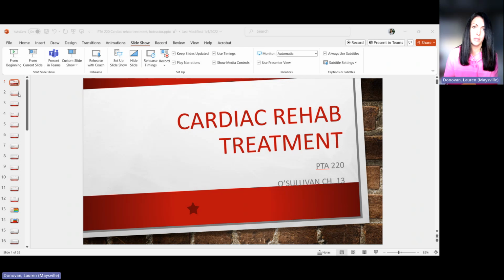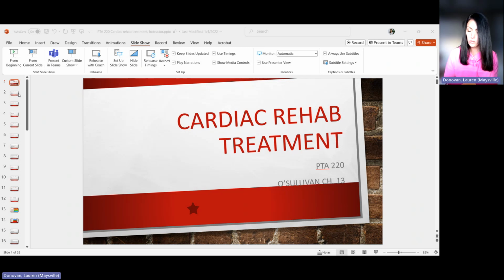So cardiac rehabilitation in general is just a comprehensive exercise, education, and lifestyle modification program to improve and optimize their physical, psychological, social, and vocational functioning.